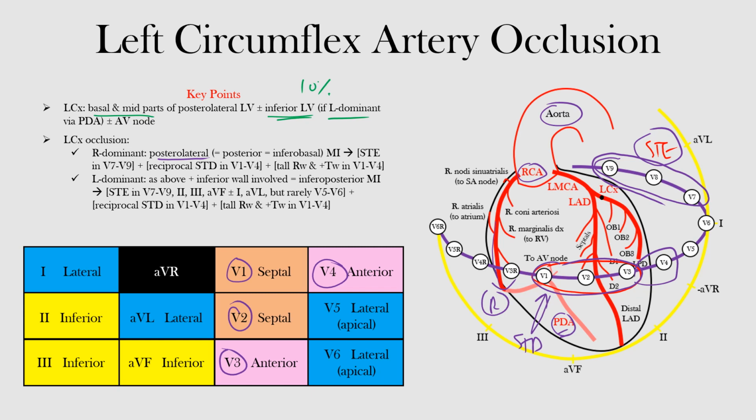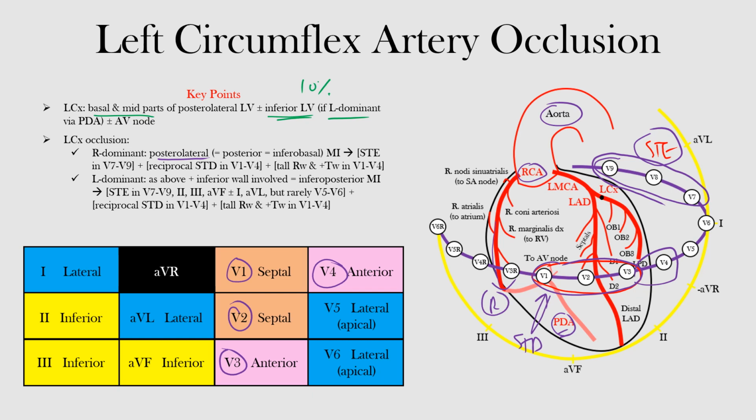And instead of having inverted T waves as we see in those posterior leads, we'll actually have positive or upright T waves in leads V1 through V4. So they're pretty much reciprocal changes to the posterior lead changes that we see. Hopefully that's making sense. That's a posterolateral MI. So what if we have a left dominant system in which the left circumflex artery gives rise to the PDA?